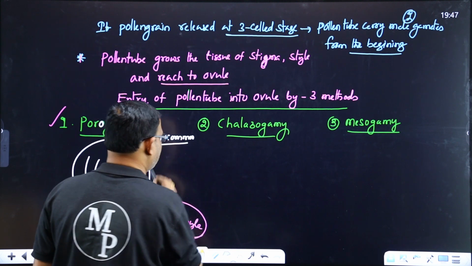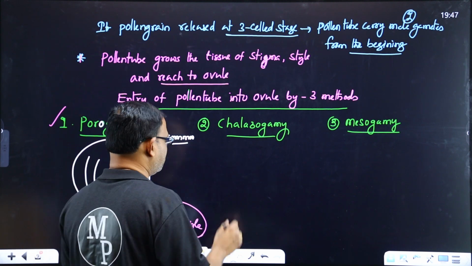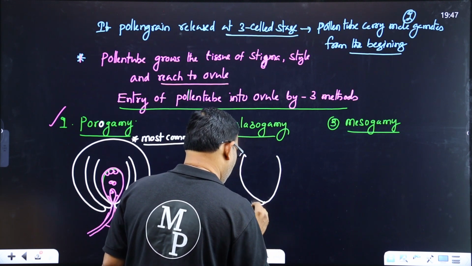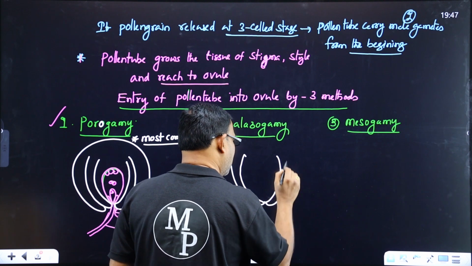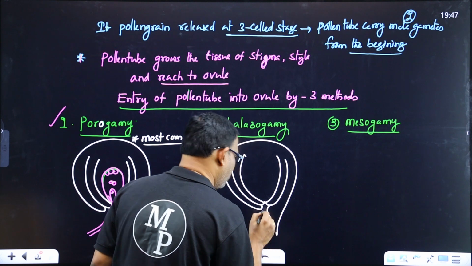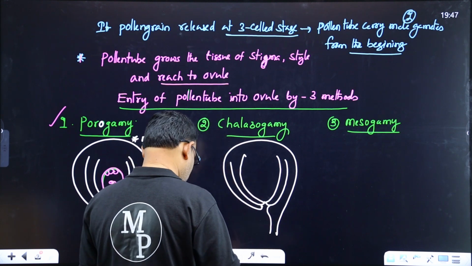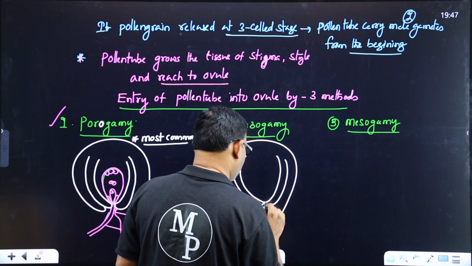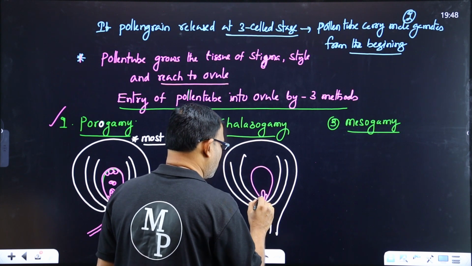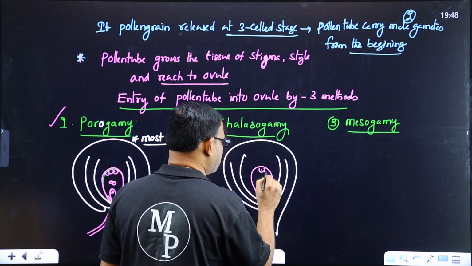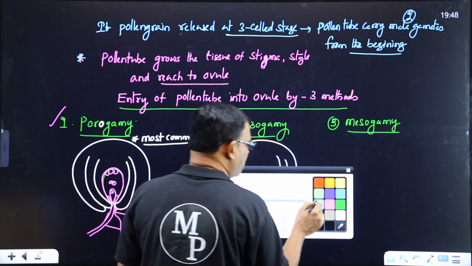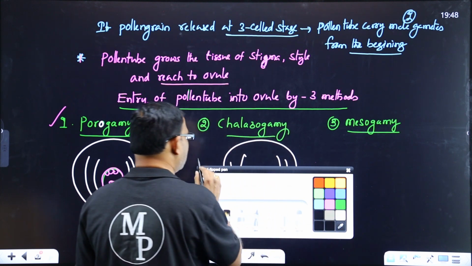Very, very important. Now coming to the next one, chalazogamy. Again this is the ovule diagram. These are the integuments, but at the tip of the ovule there is an apical opening. This is the embryo sac. Now entry of pollen tube into the ovule: what is the mechanism?